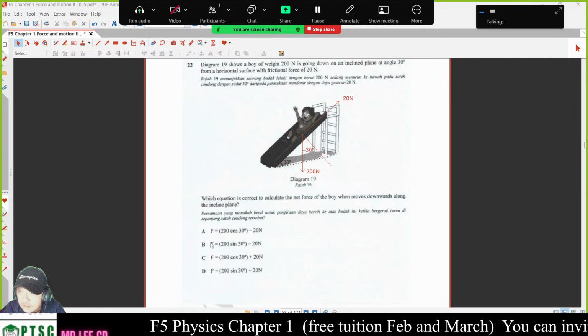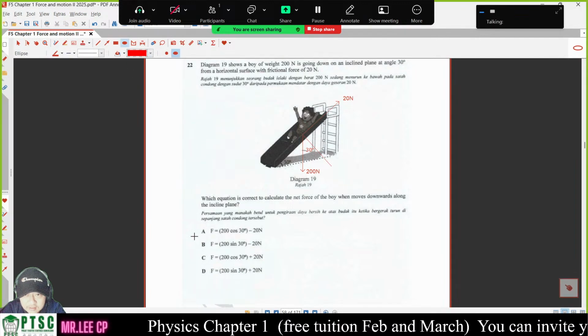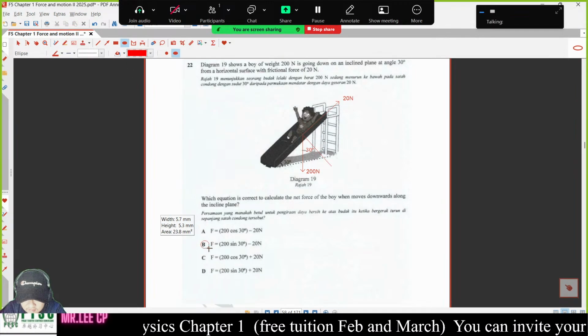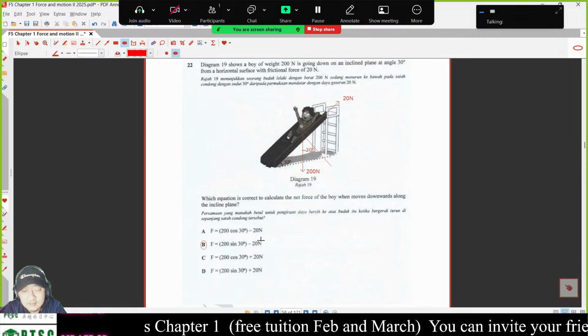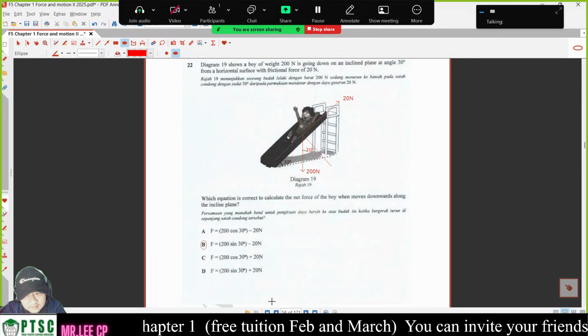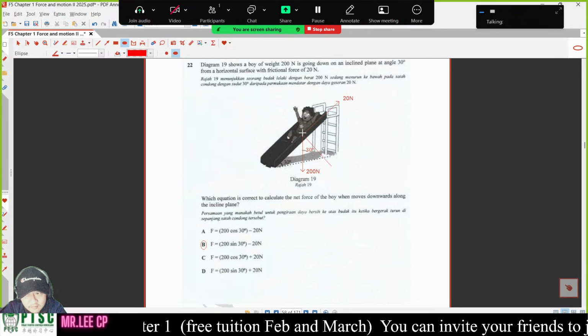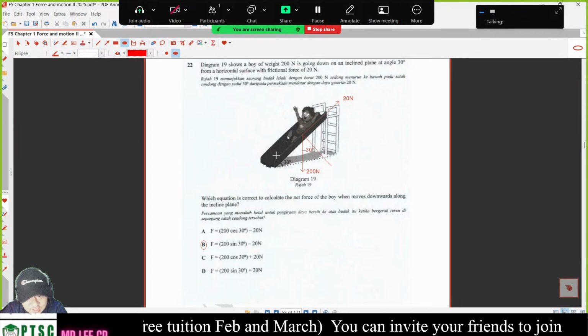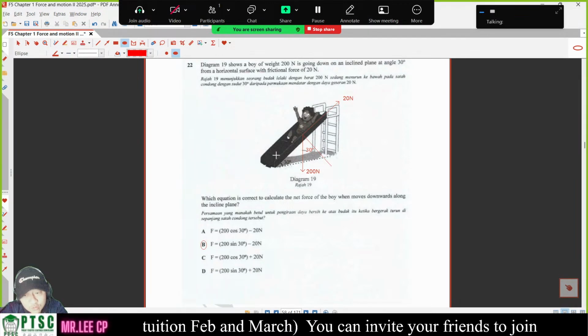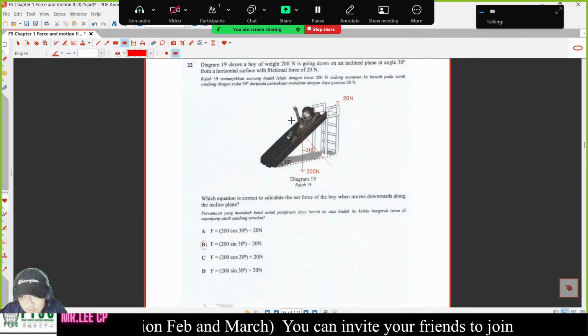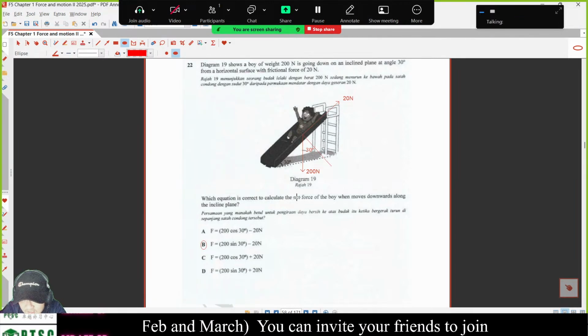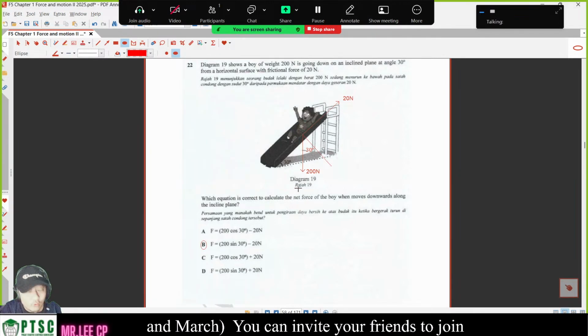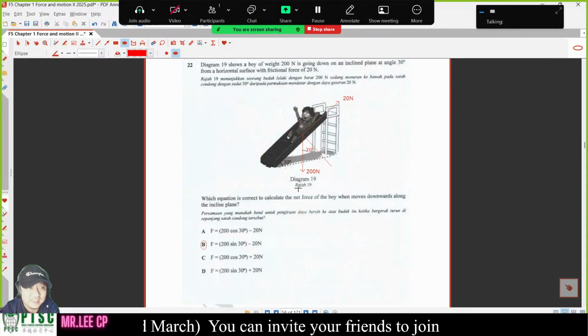The answer is B. Very fast. Do you get it? I repeat, 200 I bring to here, not touching, I use sine. 200 sine 30 minus 20 equals ma. This is my resultant force, or net force.